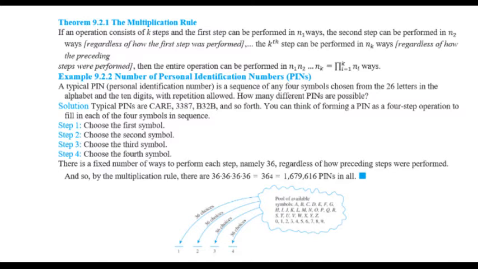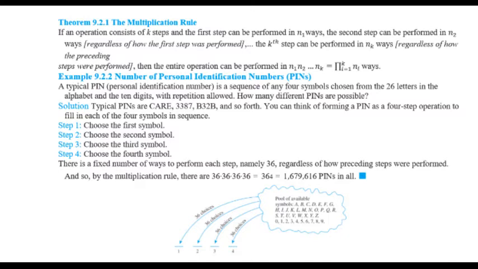So this figure illustrates the process. We have the first step for filling the first place of the PIN. Then for the second place of the PIN, we have again 36 choices among all of these possible choices.